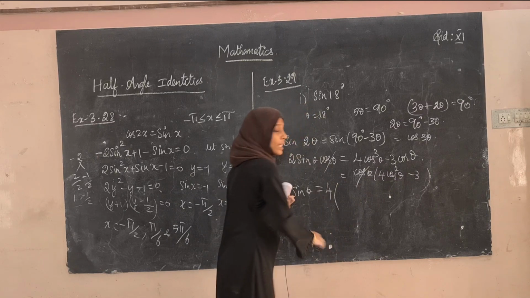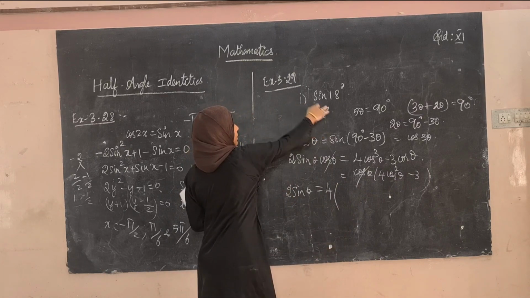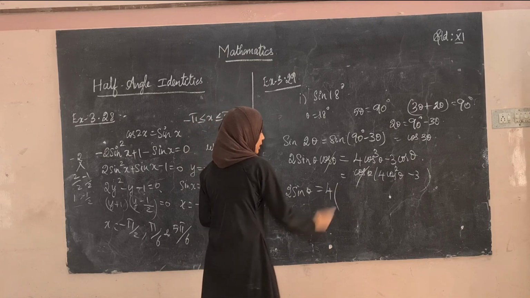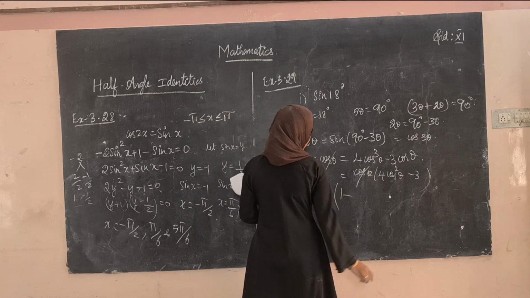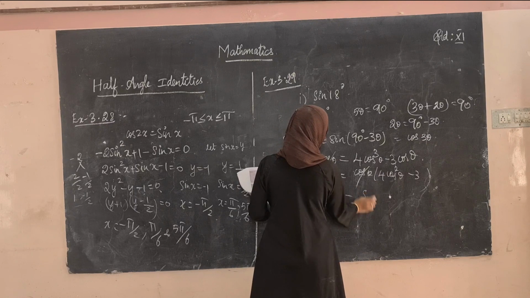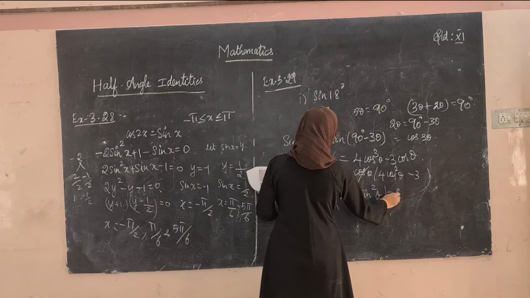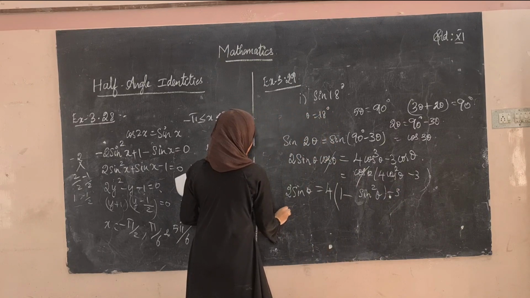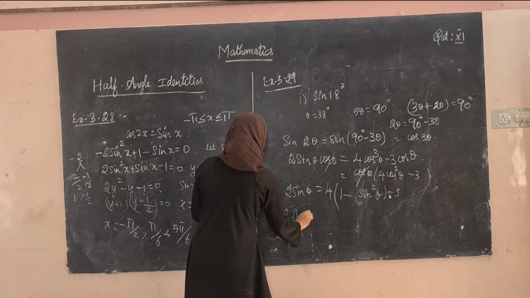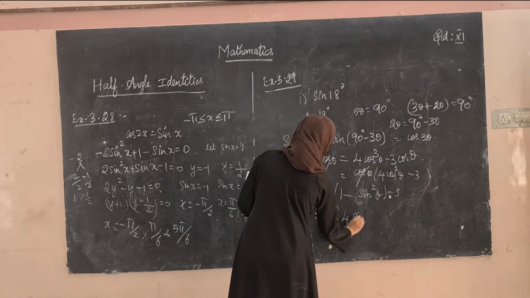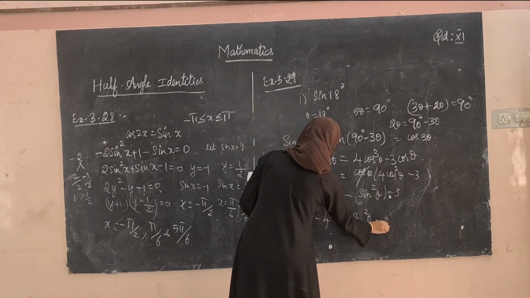We have to change everything in sin because we want to find the value of sin 18 degree. So this cos square theta can be written as 1 minus sin square theta. Yes, so 2 into sin theta is equal to 4 minus 4 into sin square theta minus 3.